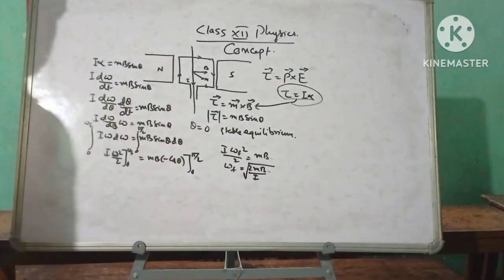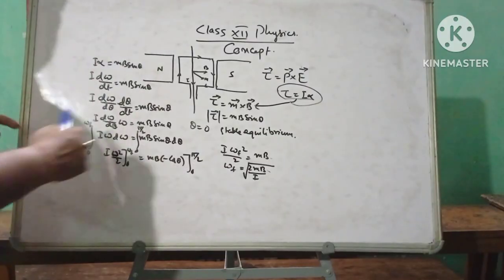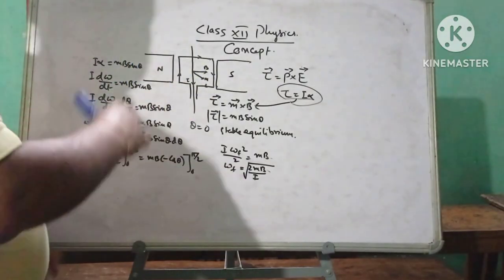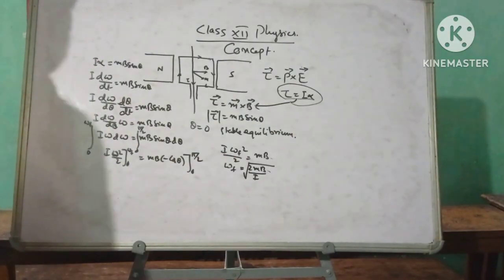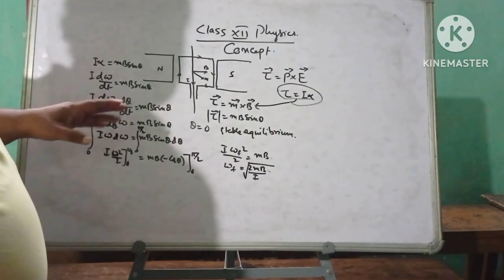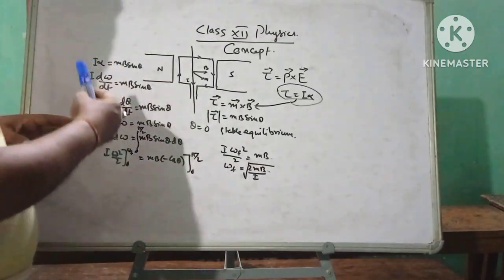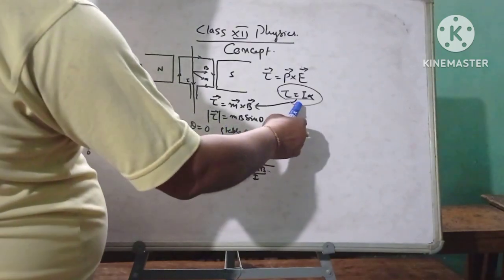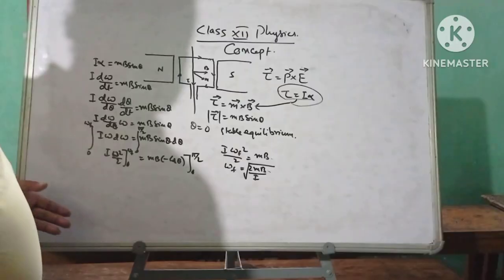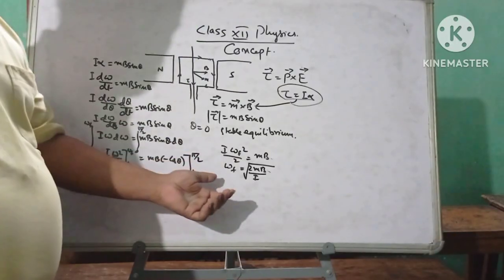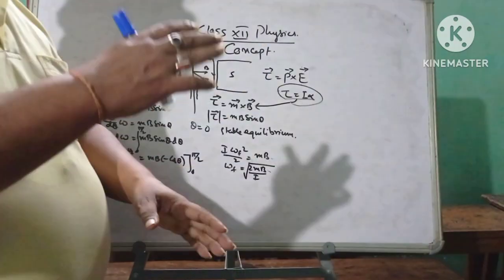So here we got a relation that we can find the angular speed of this coil when it rotates through 90 degrees. This is the concept why I have taken this, because when there is an angular moment, then these two come into link. And when they link, a question may be asked: what is the angular speed of the coil when it is rotated through some degree?